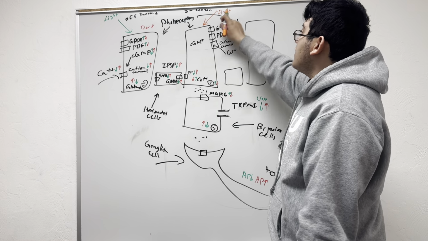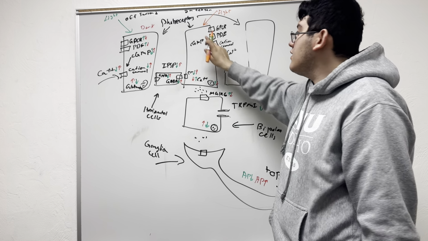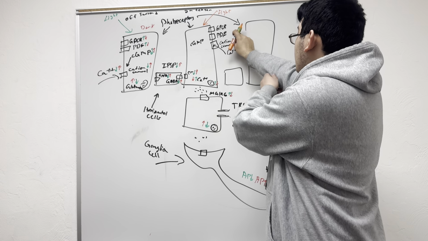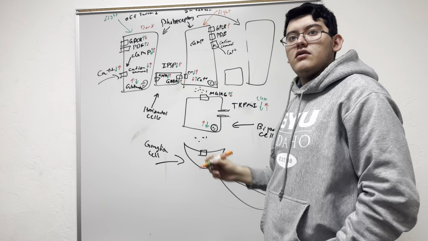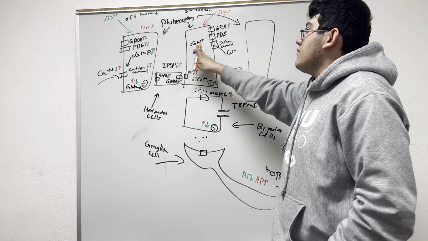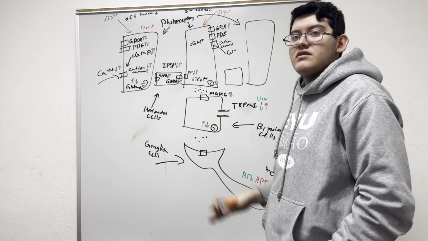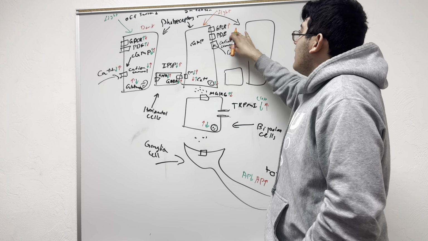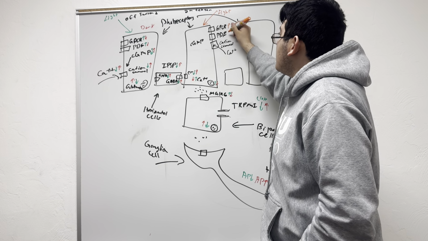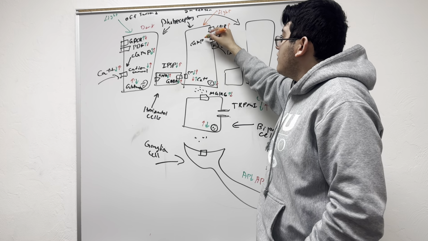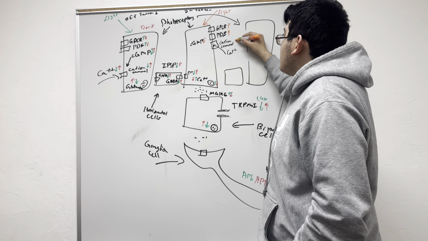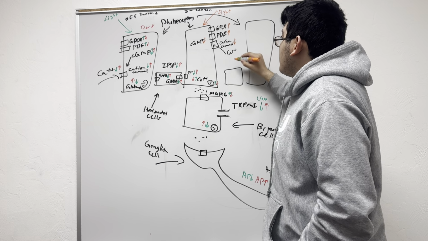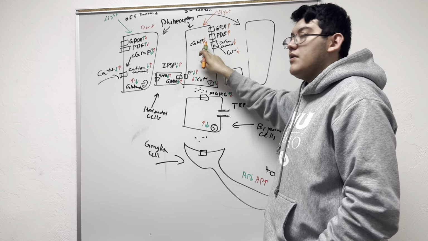If light hits here, it's going to activate the G protein coupled receptor more, which activates the PDE more, which decreases the cyclic GMP, which decreases the cation channel opening, which means less calcium coming in.